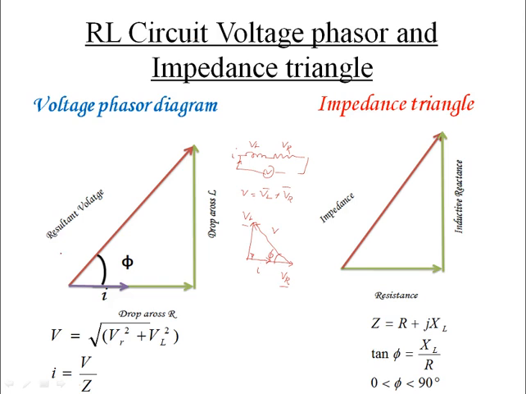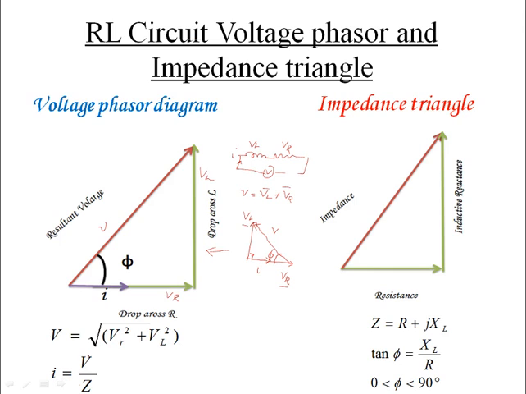Clear? So the resultant voltage, this is the same figure I am drawing. Resultant voltage V, this is I, this is the drop across resistance VR, this is the drop across inductance VL, and this is phi. So V is equal to root of VR square plus VL square.